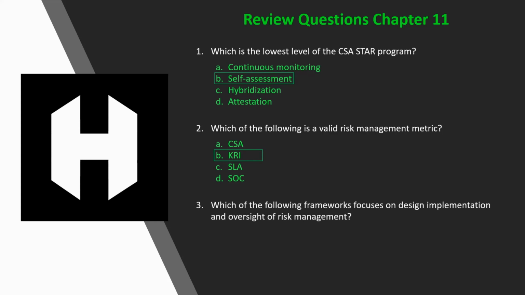Question 3. Which of the following frameworks focuses on design, implementation, and oversight of risk management? A, your ISO 31000, B, HIPAA, C, ISO 27017, or D, your NIST 800-92. Now, if you said A, ISO 31000, you would be correct.